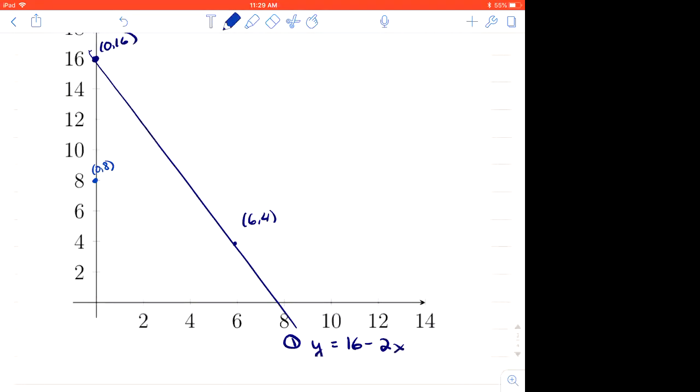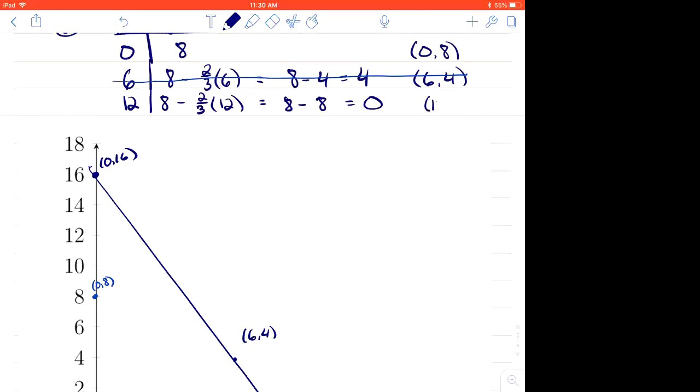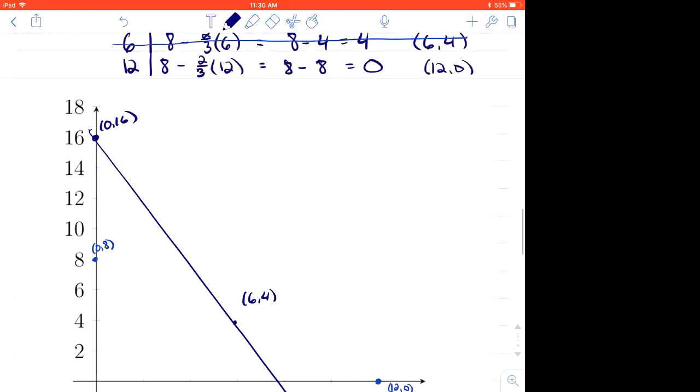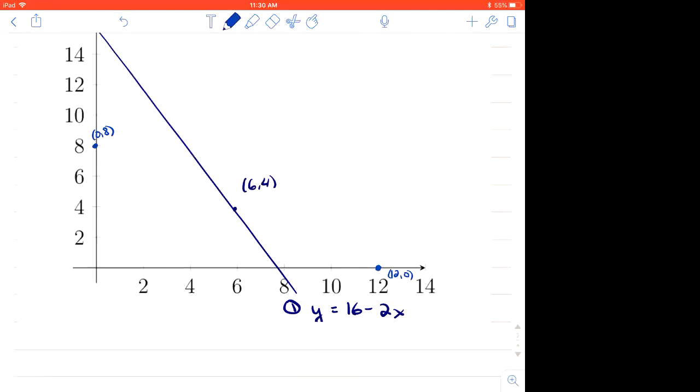So now I can go back here and say when x is 12, y is 0. All right, 12, 0. Okay. Try to draw this line again.